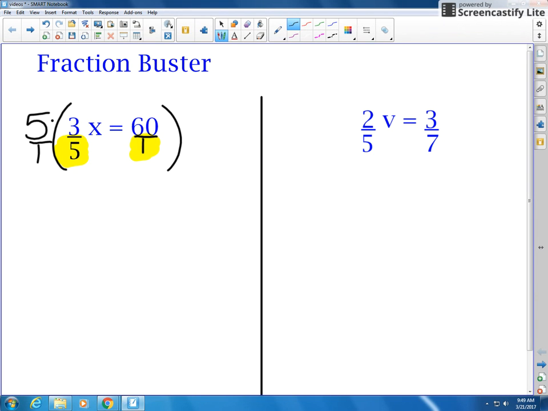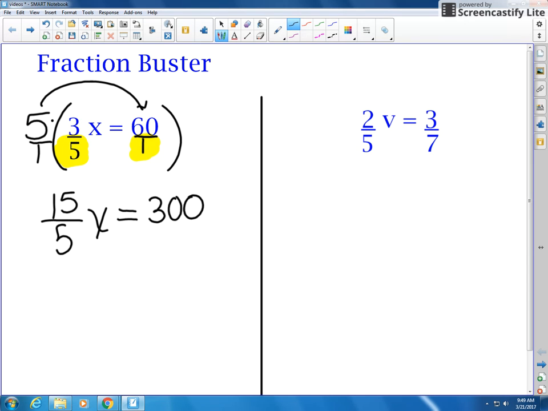I'm multiplying by the whole number 5. So 5 times 3/5 would be 15 over 5x equals, and this is where we have to be careful. I must also distribute that 5 to my number on the other side of the equal sign. So 60 times 5 is 300.